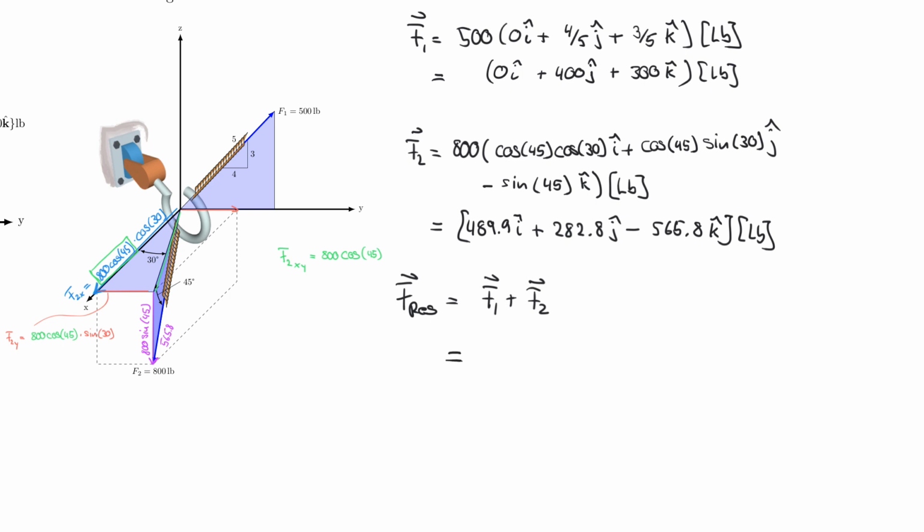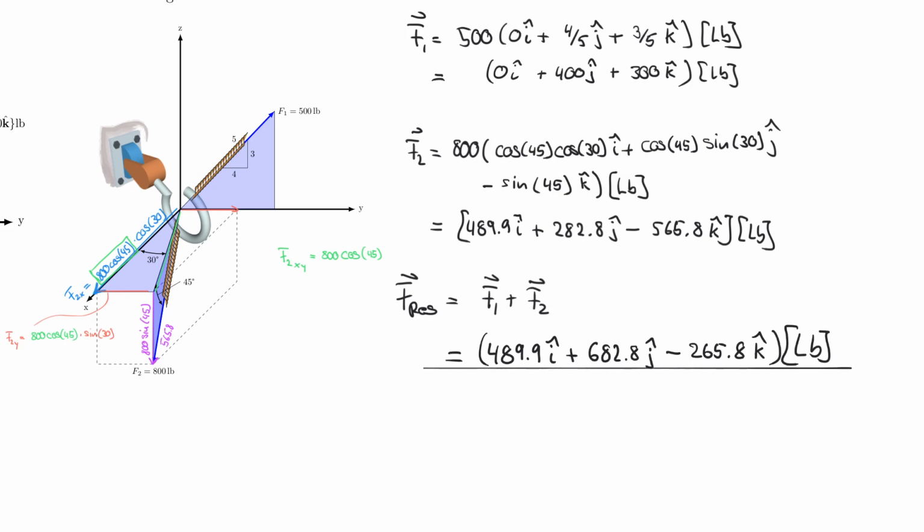So we find that the i component remains 489.9 i hat plus, now I need to combine the two, 682.8 j hat and minus 265.8 k hat. And that now is a real answer in pounds. And since it's a real answer, I need to double underline it. Provide my answer error.